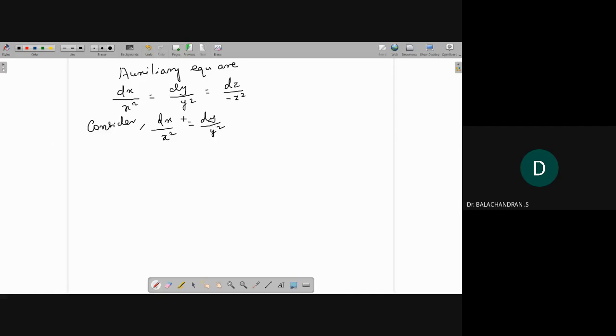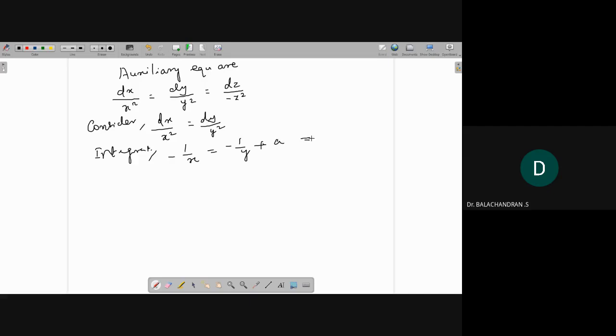Now if you integrate, the integration of 1 by x square is minus 1 by x, equal to the integration of 1 by y square, dy by y square, which is minus 1 by y plus some arbitrary constant a.